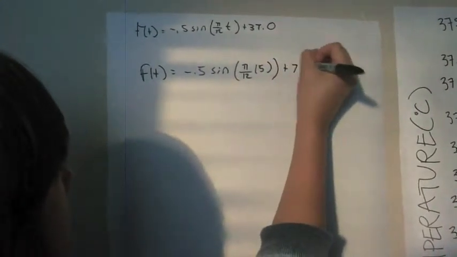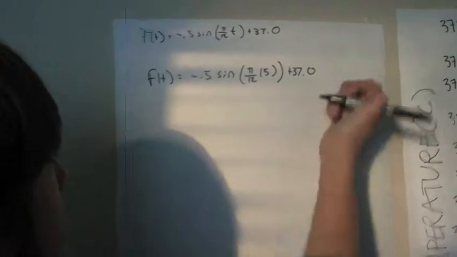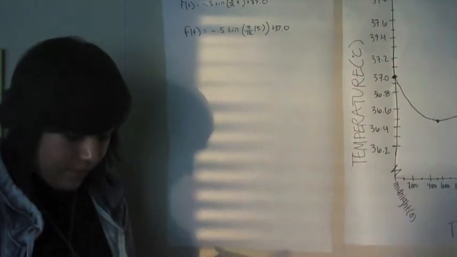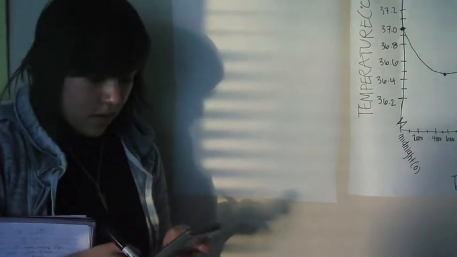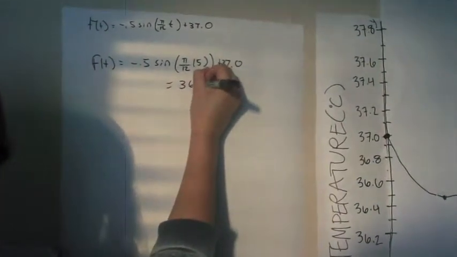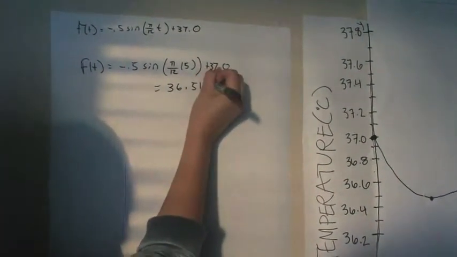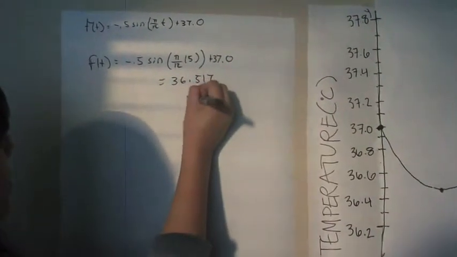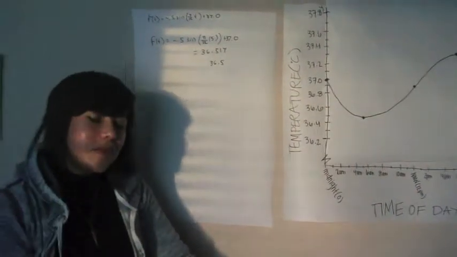Now I'm going to plug it into my calculator, and I will get 36.517, which would round to 36.5, which matches our original data. Here's the clip to prove it.